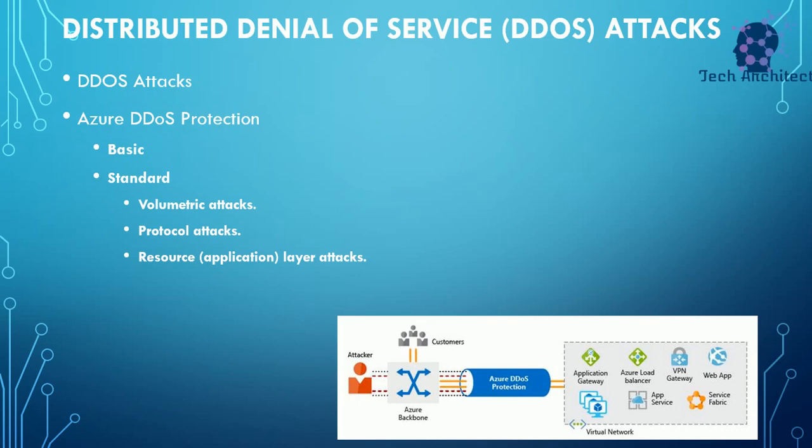These types of attacks attempt to overwhelm the network resource by sending many requests and slow down the service or make it unresponsive. Azure DDoS protection leverages the scale and elasticity of the Microsoft global network to bring DDoS mitigation capacity to every Azure region.